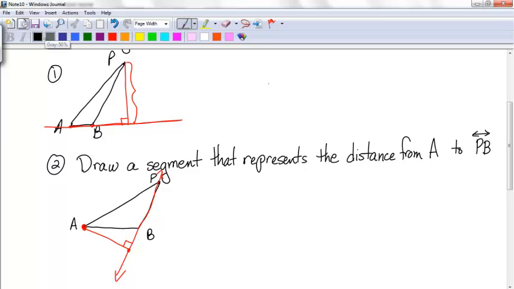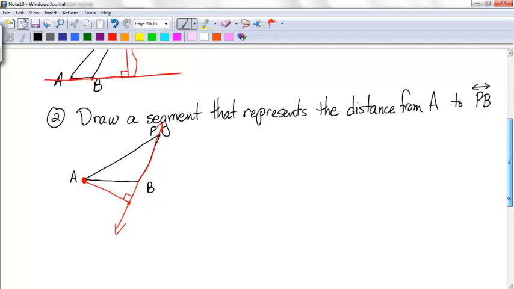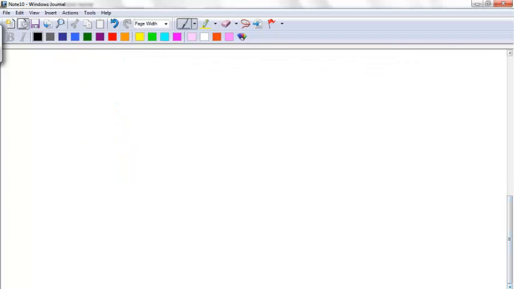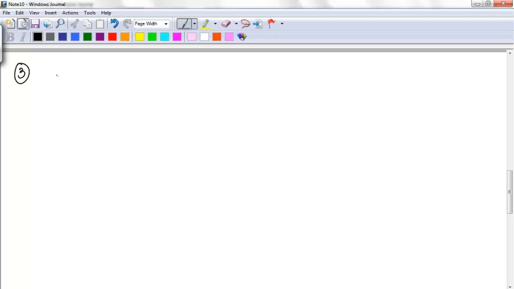Okay, now let's go through an example where we actually use the numbers. And I'm going to skip to a full page. Say they ask you to find the distance.